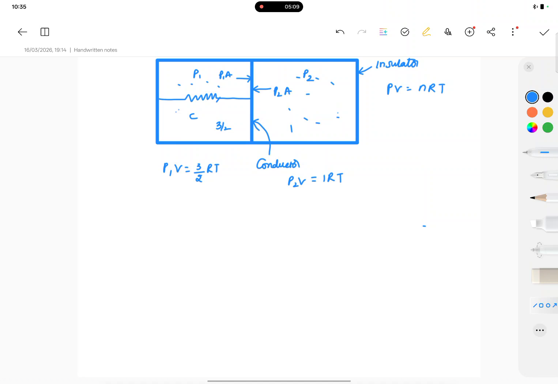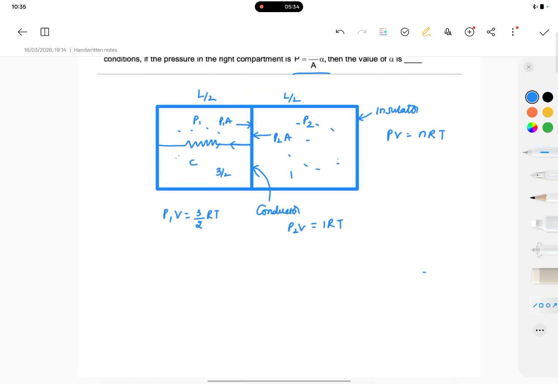There's one more force acting, because here the spring is expanded. We can clearly observe the piston is adjusted so that thermal equilibrium happens at both sides. So the force acting on the piston by the spring is Kx, the spring force you know. What is x here? x is the expansion or contraction.